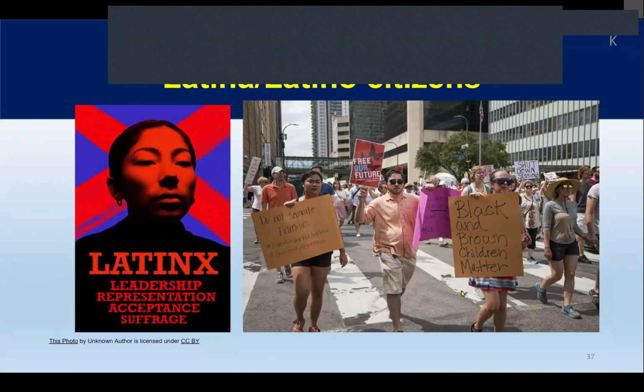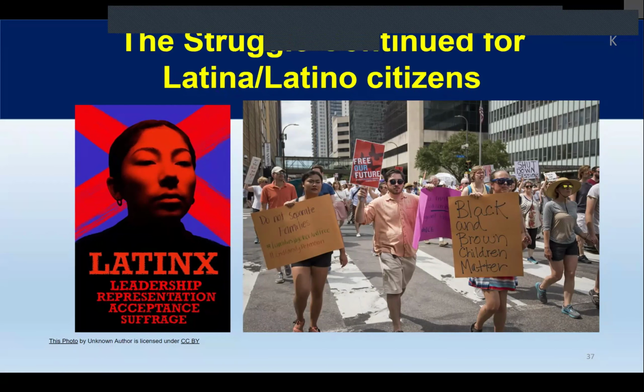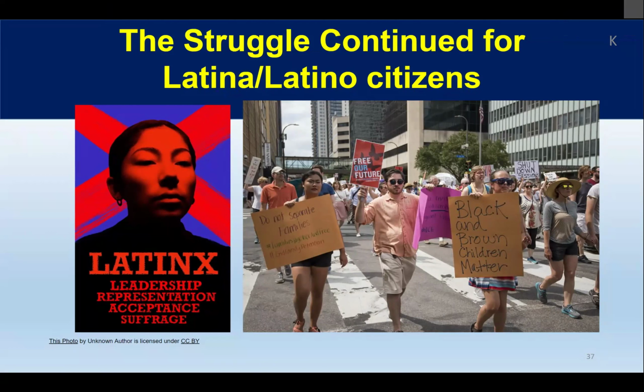The struggle still continued, however. The 1965 Voting Rights Act, and this is something I never knew, gave people who spoke Spanish and lived in Puerto Rico the right to vote in Spanish. But people who lived on the mainland who spoke Spanish were not allowed to vote.